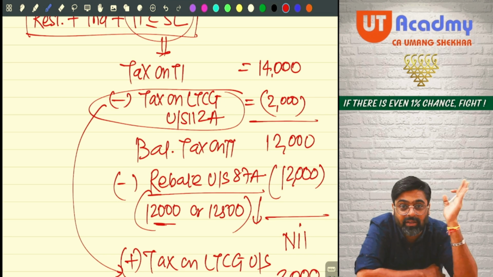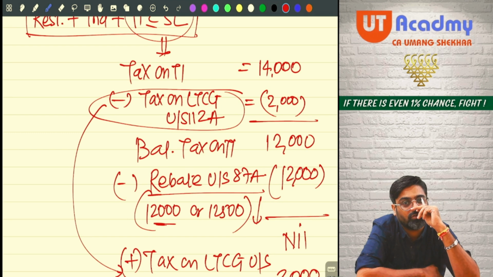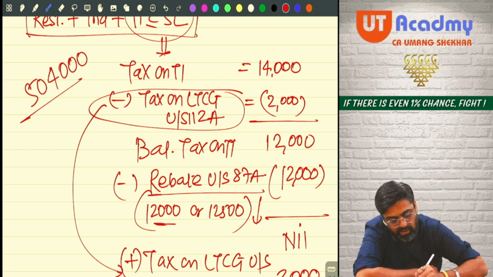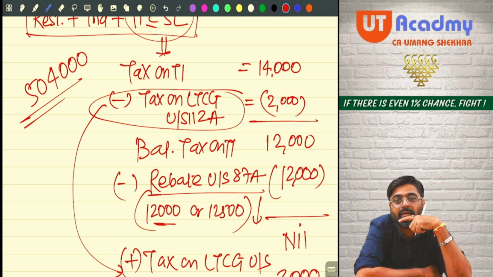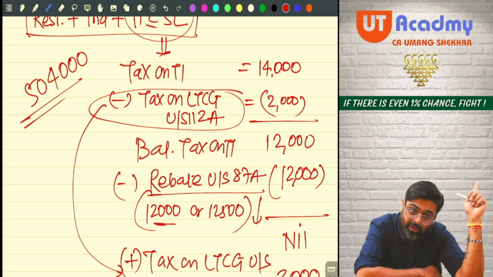And the amount of rebate is also 25,000. And what if your total income was 5 lakh 4,000? Now tell me, if you are a resident individual and your total income is 5 lakh 4,000, will you get any rebate under the normal scheme? No. There, if your total income exceeds a little bit over 7 lakhs, still you will get rebate over there.